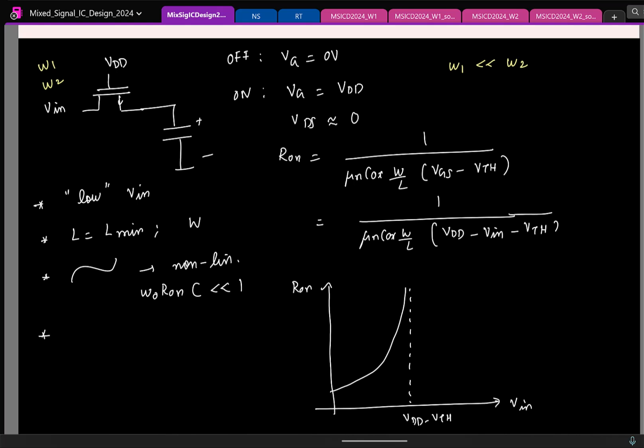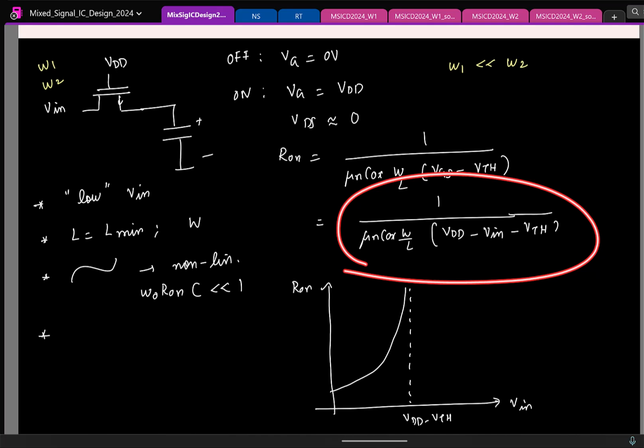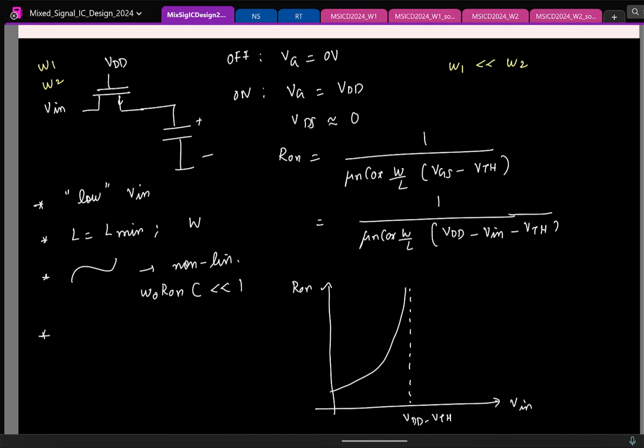If I increase my sampling speed, I should also reduce my on resistance. So from this expression, what can you do to reduce on resistance? Yeah, I should increase the width. So let me write it here. If I increase Fs, my nonlinearity increases, which means I will reduce R on, which means I have to go and increase the width. Fine.